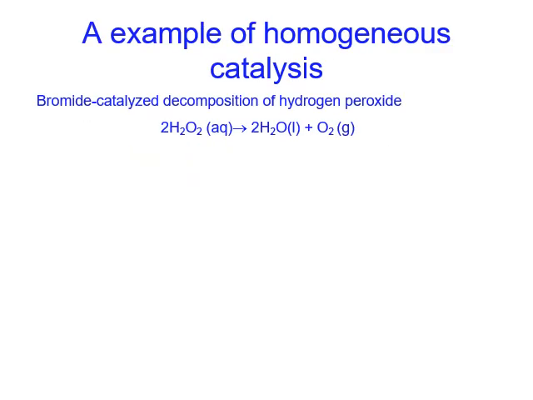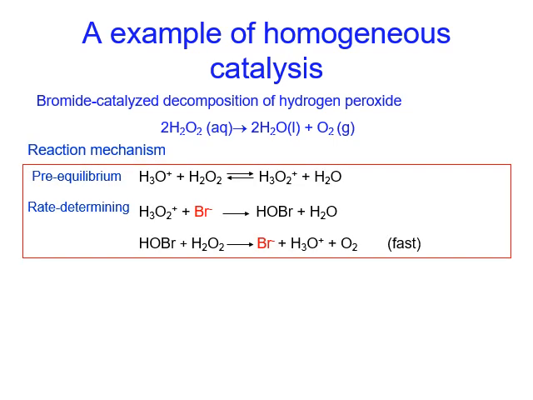Here is an example of homogeneous catalysis. Hydrogen peroxide decomposes into water and oxygen. This reaction does not happen in a significant amount, but when bromide is added, the hydrogen peroxide decomposes quickly. So here is a mechanism, which involves 3 steps.